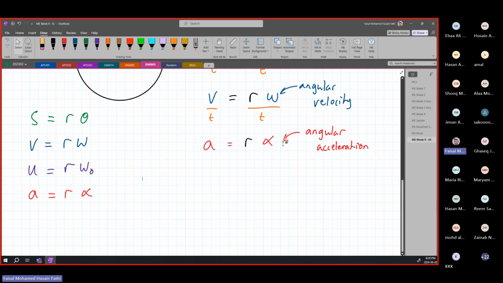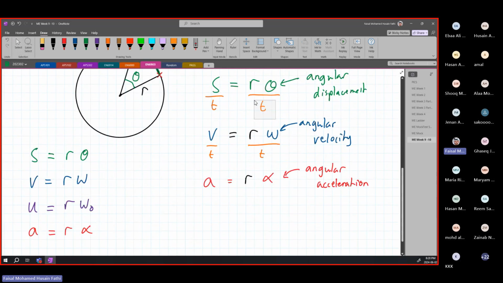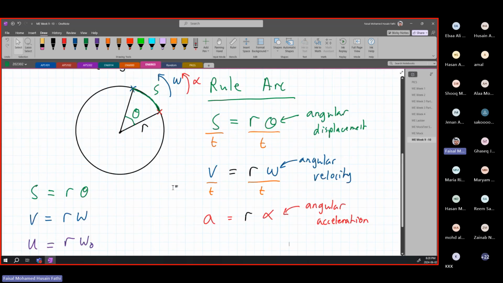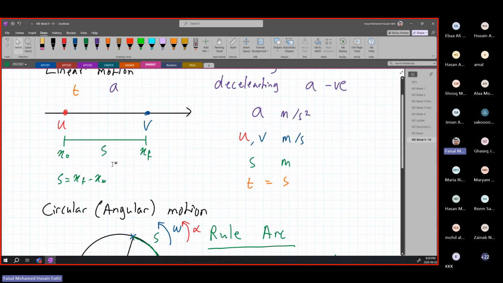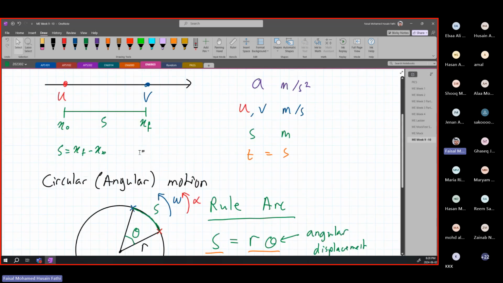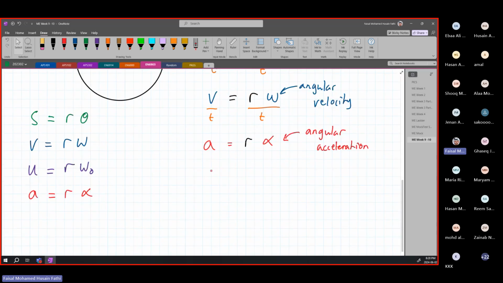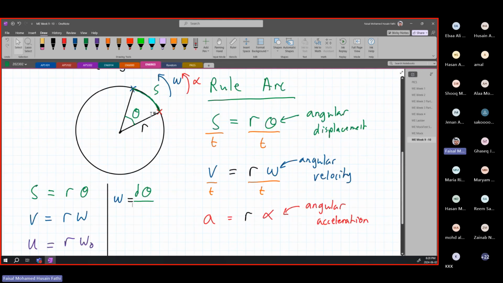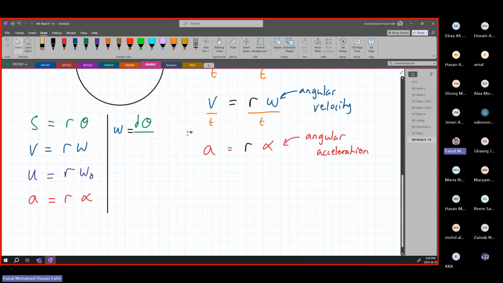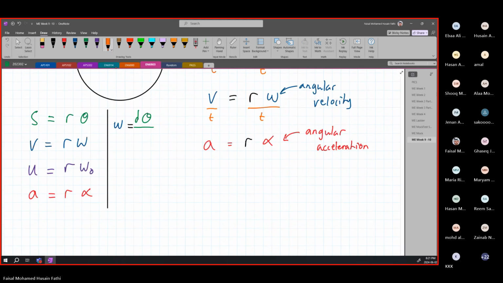One thing, like I said here, we were saying that theta over t is equal to the angular velocity. If you remember from before, when we wanted to find velocity, it was basically the displacement over time. This is the exact same idea here. So we can also say that omega is equal to theta, or I should say the change of theta, so the displacement, from here to here, over time.